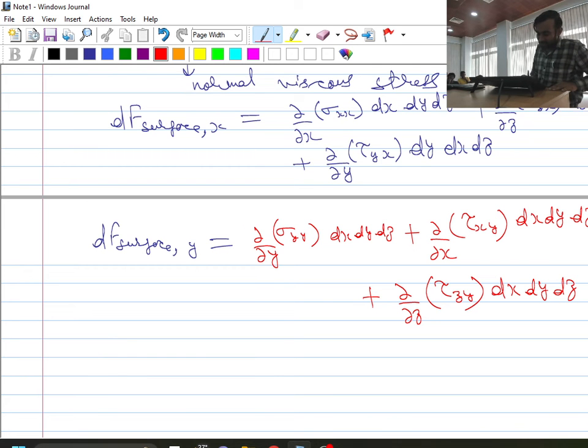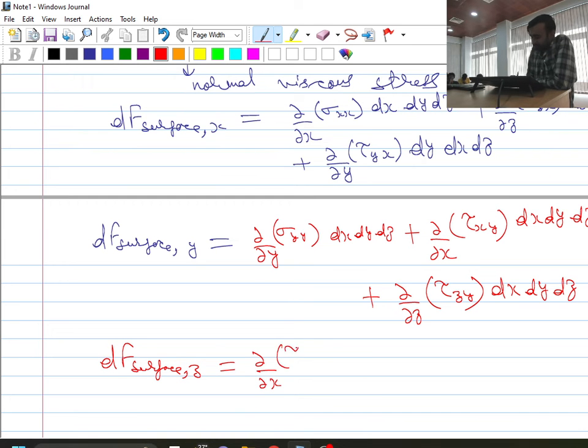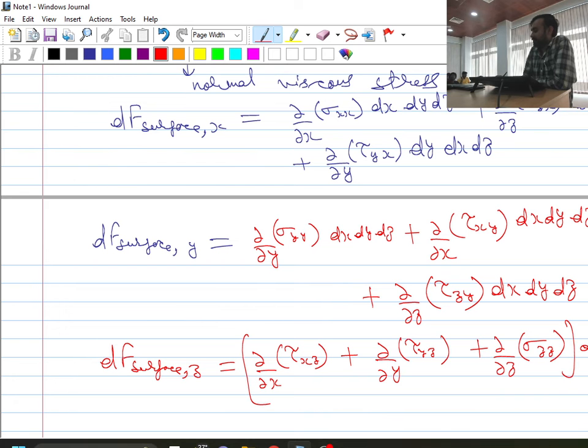And ultimately, similarly, the surface force in the z direction will be del by del x of tau on the x plane but in the z direction, plus del by del y of tau on the y plane but in the z direction, plus del by del z of sigma zz, and outside I can write dx dy dz.